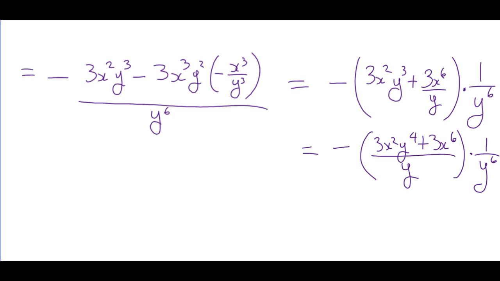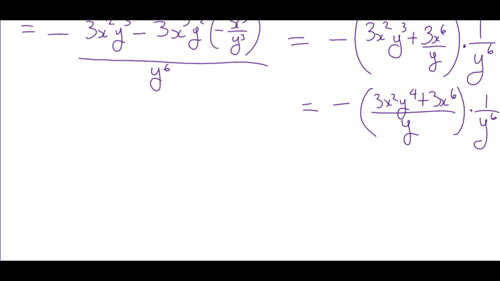Which now puts us one step away from the answer. We're going to have y to the 7th in the denominator, right? Okay, two steps away: 3x squared y to the 4th plus 3x to the 6th over y to the 7th.